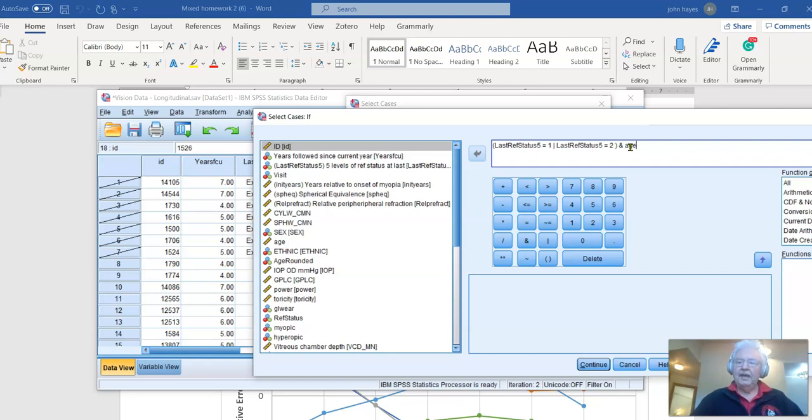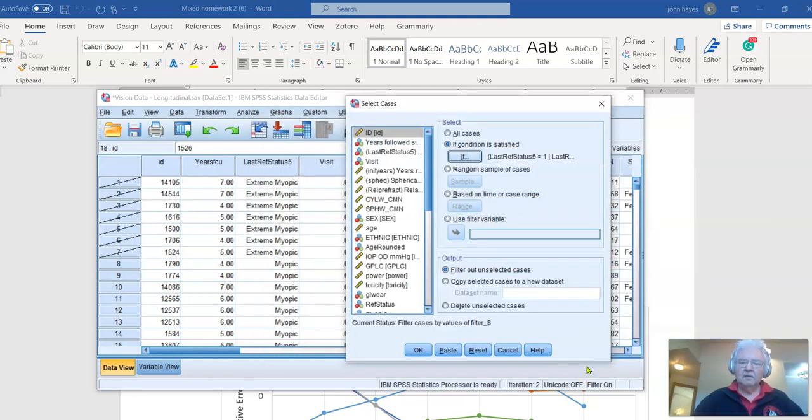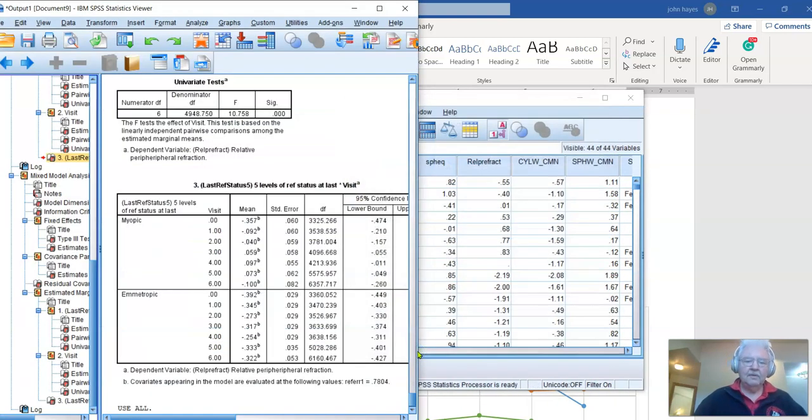Let's do age year 1 equal to 6. All right. Okay, so there we have, we're looking at kids that entered the study at age 6.